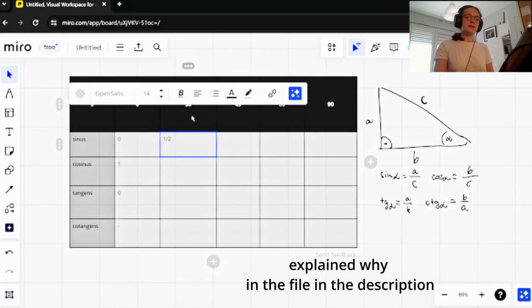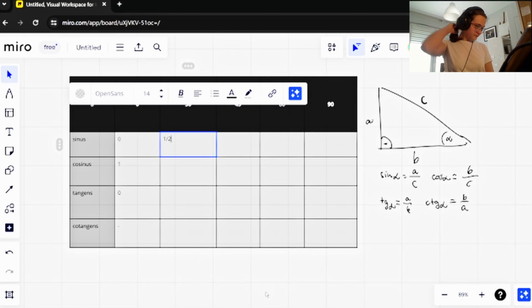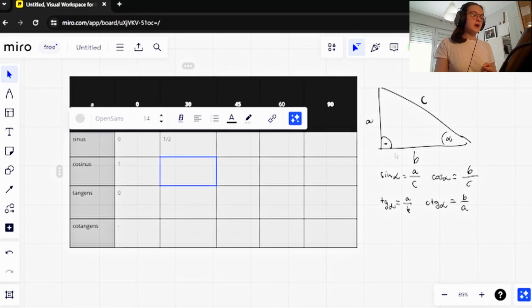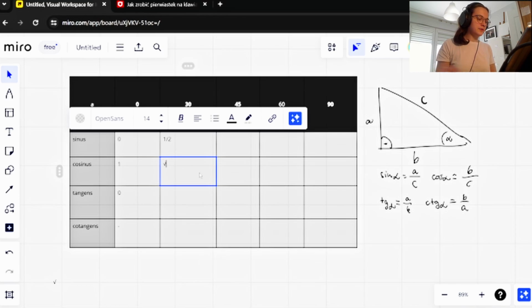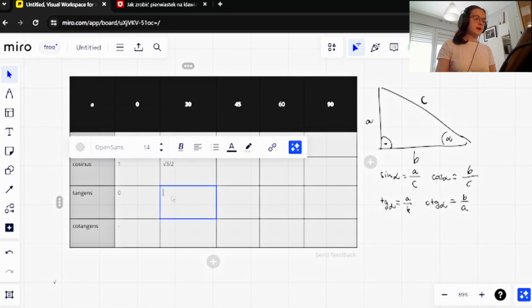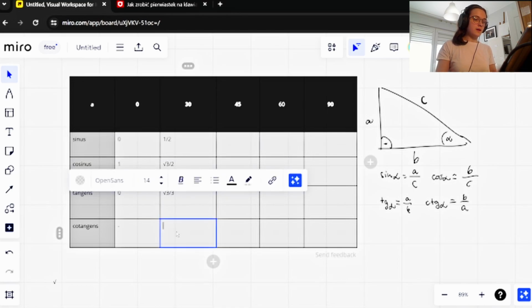At 30, sinus is half, cosinus is square root of 3 divided by 2, tangens is square root of 3 divided by 3, and cotangens is square root of 3.